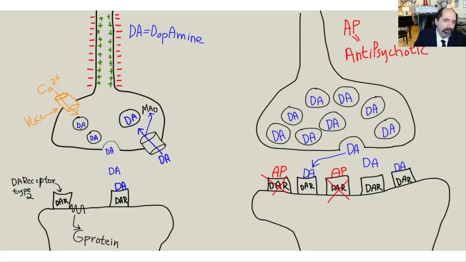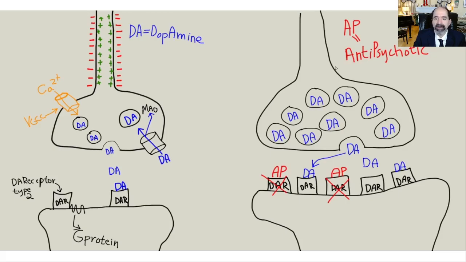Okay, so the dopamine then, the vesicles merge with the plasma membrane of the synaptic cleft, and they release dopamine into the cleft. Dopamine diffuses across the synaptic cleft, binds with the DAR, dopamine receptor. Okay.